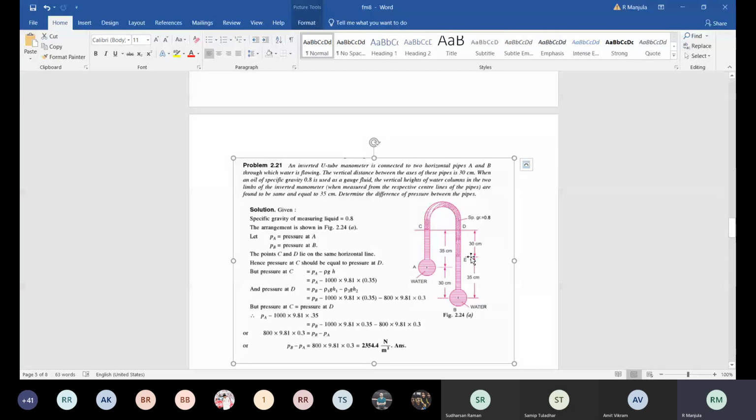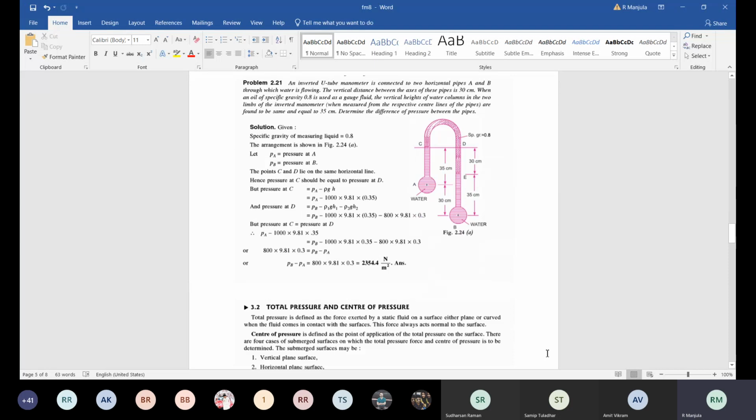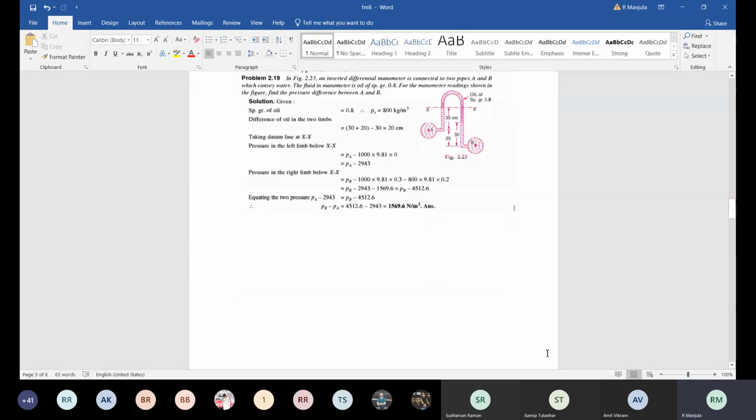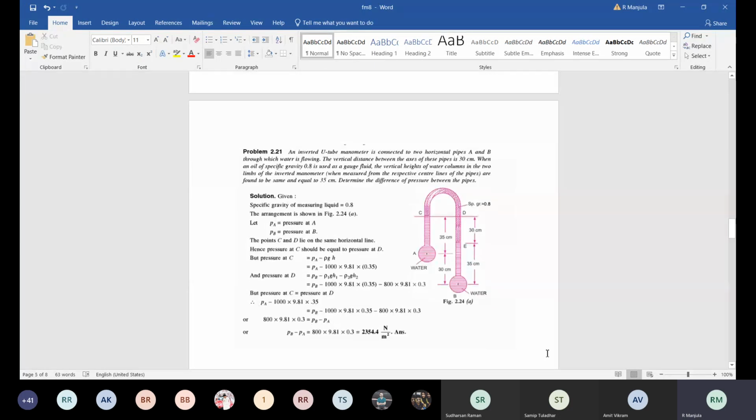Now we equate the two equations: PA minus this value is equal to PB minus these two values. Deducting, we get PB minus PA equal to 800 into 9.81 into 0.3, which is the value of the difference of pressure.